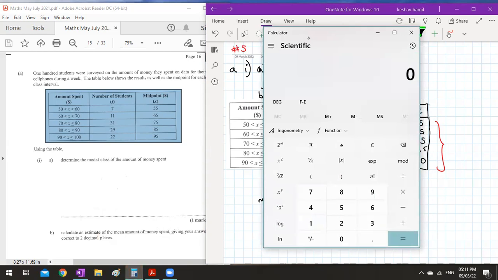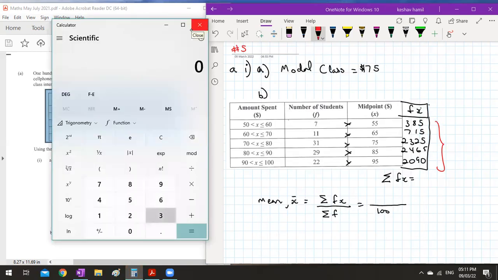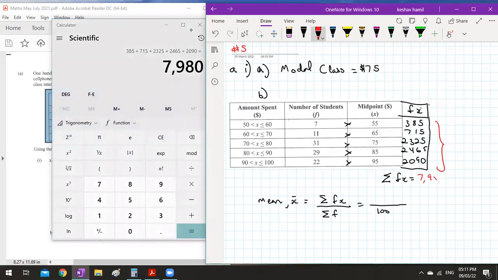So we have 385, add 715, add 2325, add 2465, add 2098. The sum is 7,980. So 7,980 divided by 100 should give you 79.8.